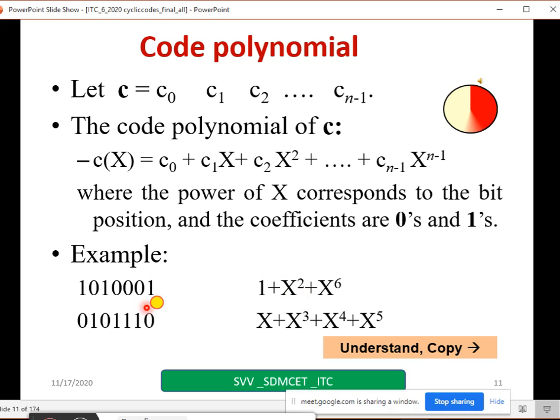You should be able to do both, from zeros and 1 to polynomial, and from polynomial to zeros and 1 combination. Take another combination, your own combination, and write it down in the polynomial form.